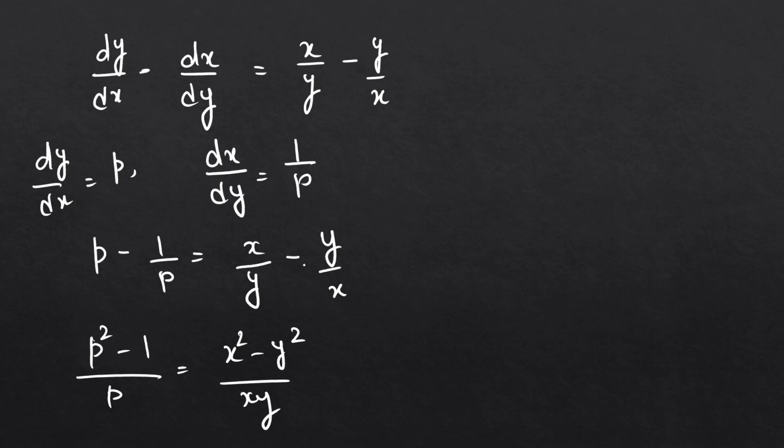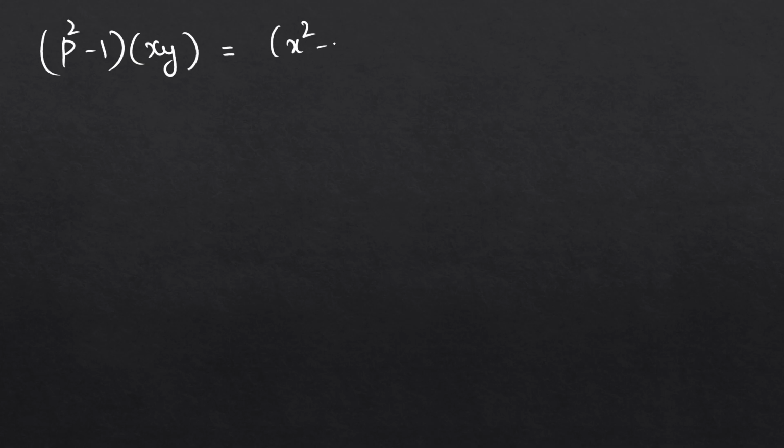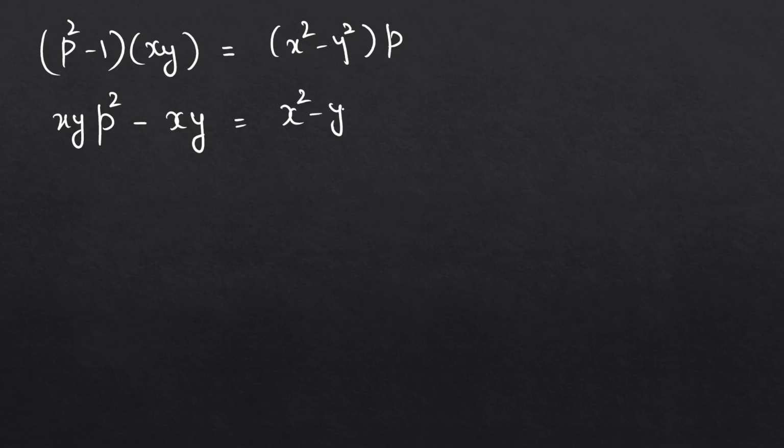We will cross multiply both ways. So if we cross multiply, (p square minus 1) into x y equal to (x square minus y square) into p. After that it is x y p square minus x y equal to (x square minus y square) into p.